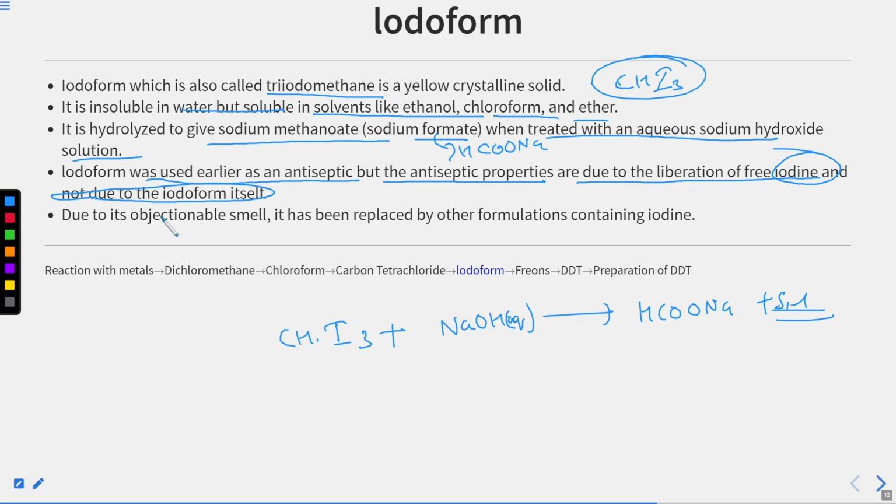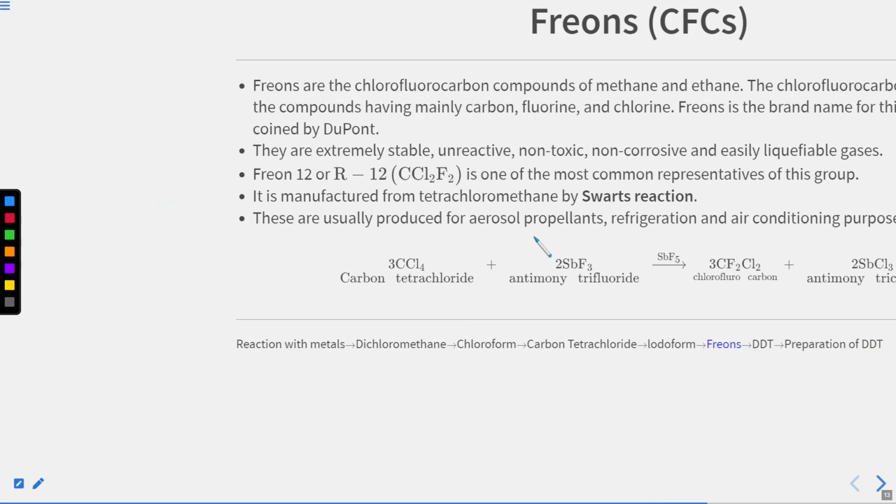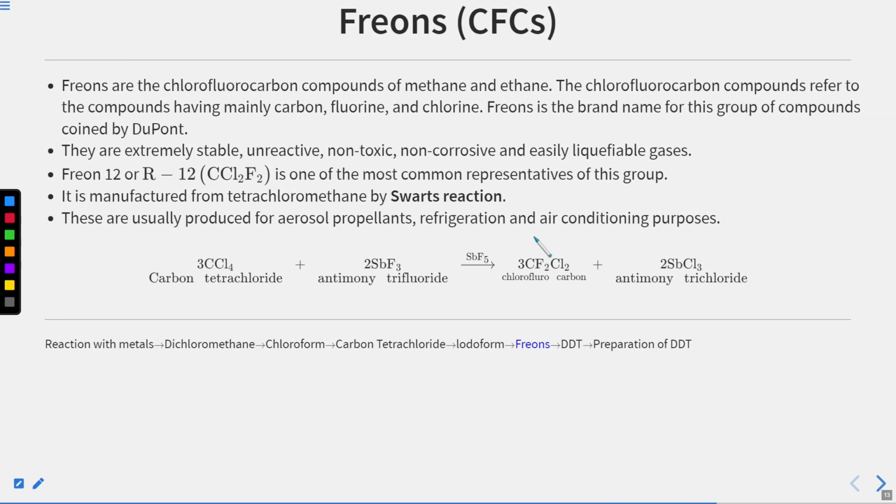Due to its objectionable smell, it has been replaced by other formulations containing iodine. So this is iodoform.